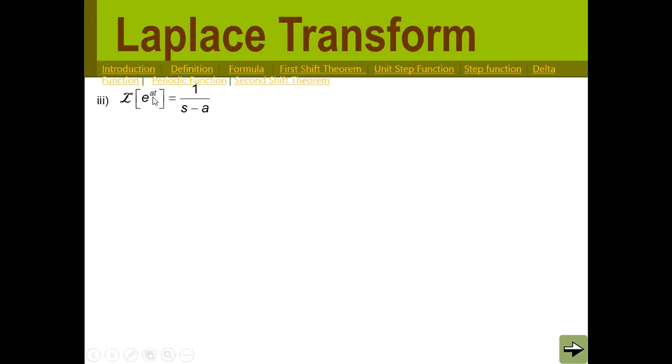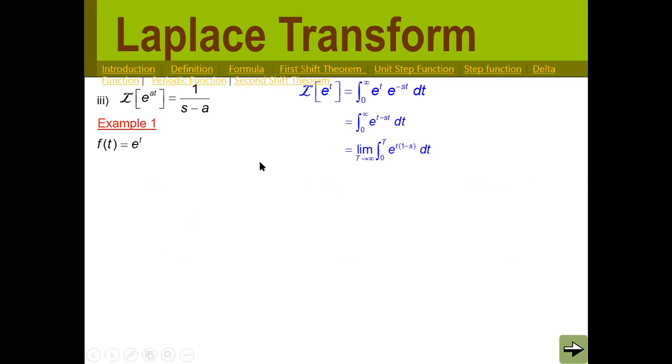Then the Laplace of e^(at) is 1 over s minus a. Why? How can it be like this? It comes from the definition.